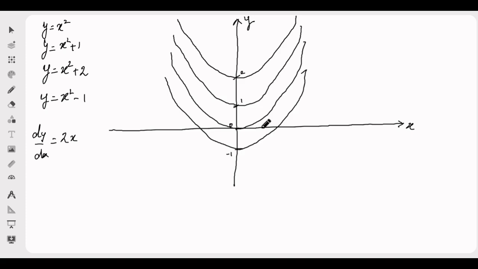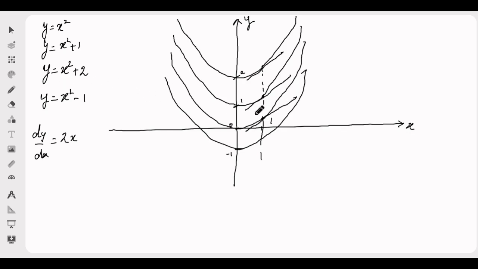Now let us take this point x is equal to 1 on the x-axis and let us draw tangents at these points. At x is equal to 1 on this curve, at x is equal to 1 on the second curve, means y is equal to x square plus 1, we are drawing a tangent.